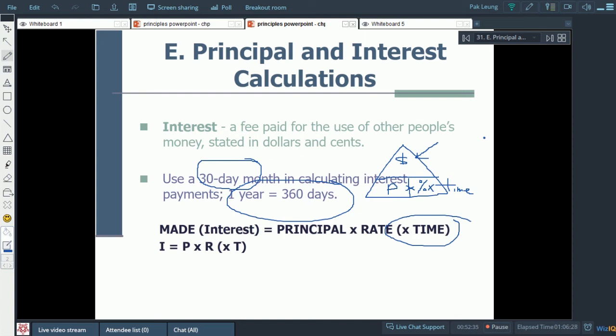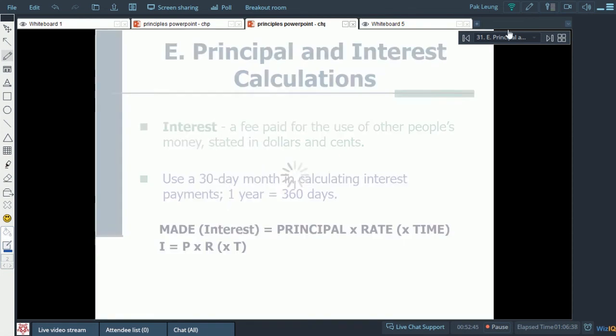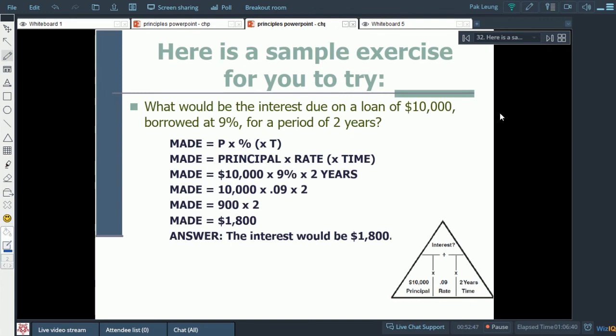So you times the time, because in 1 year that's one. Second year you have 2 years' worth, 3 years is 3 years' worth. If you earn interest for 2 years, you multiply by 2. If you have 3 years, you multiply by 3.